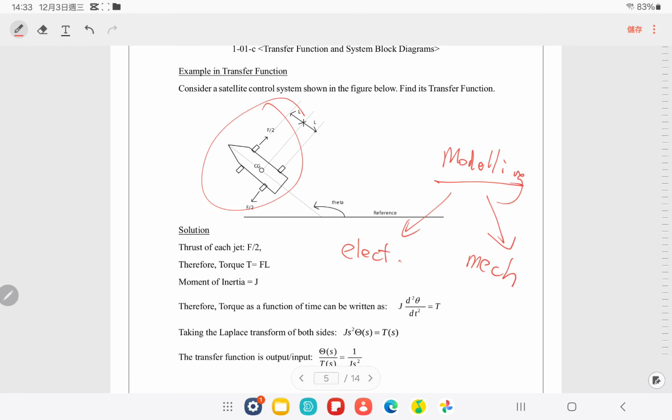Now, I ask you, as an electrical engineering student, which is more important to you, the electrical stuff or the mechanical stuff? No need for me to answer. So if there's a modeling question, very high percentage that it will be based on electrical circuit.